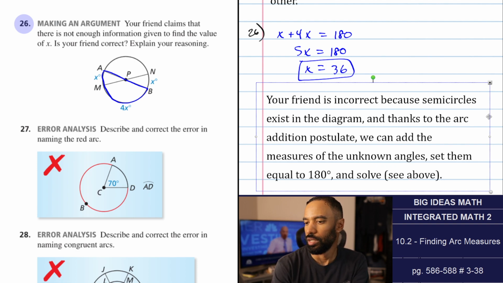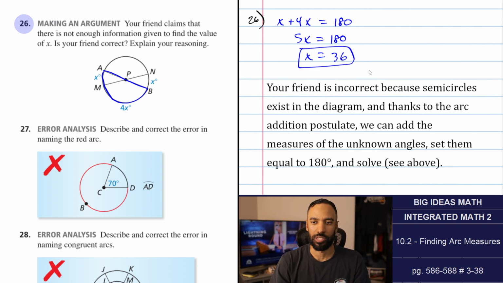See above. All right. There's number 26. Friend was right, then friend went straight away and went wrong.